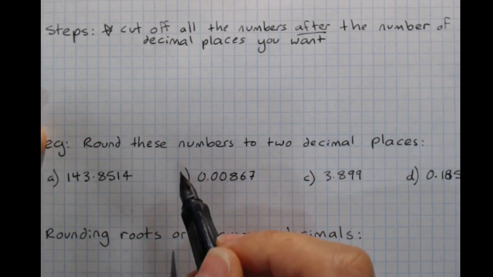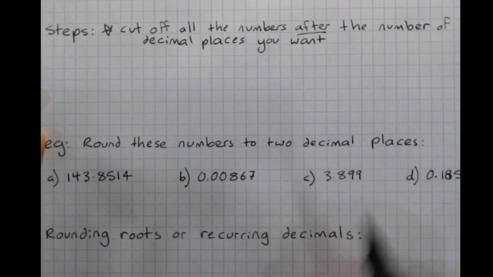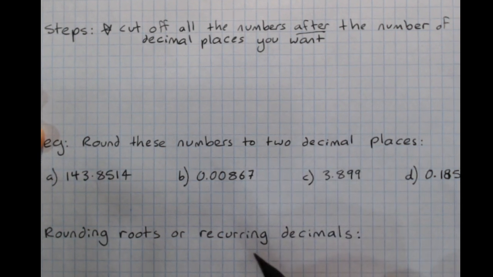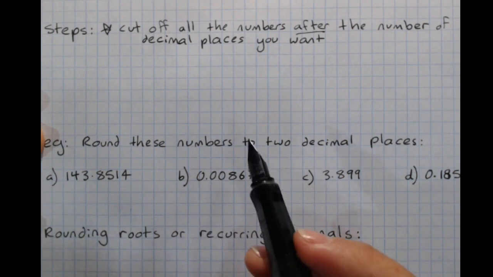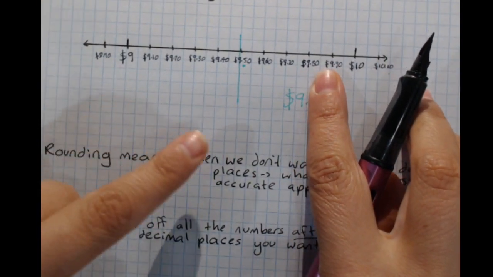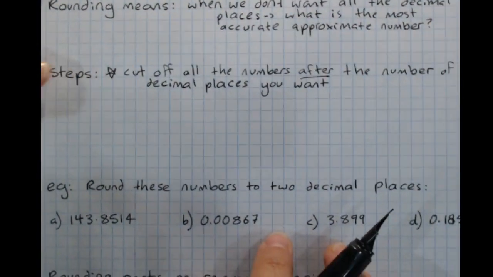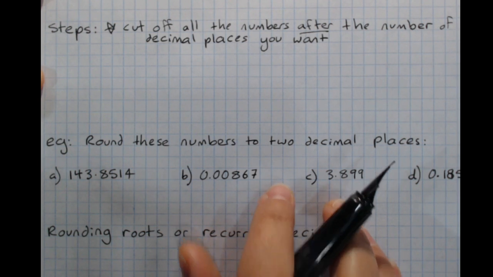The question might often say, round these numbers correct to a certain number of decimal places. And that correct just means check if you're just cutting off the numbers or if you actually should be moving one number further up. So we'll talk about this.